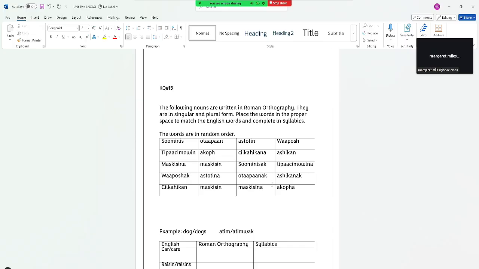Maskisan. Maskisan. Astutin. Astutin. Chikahigana. Chikahigana.